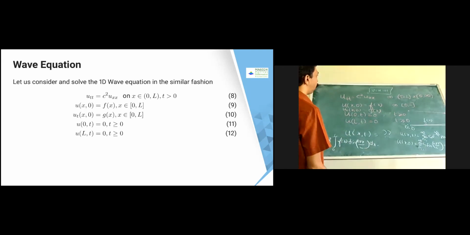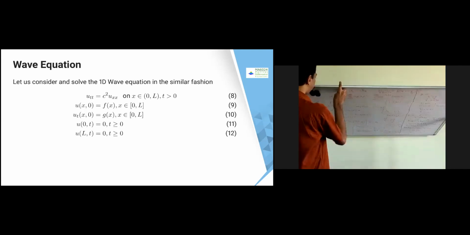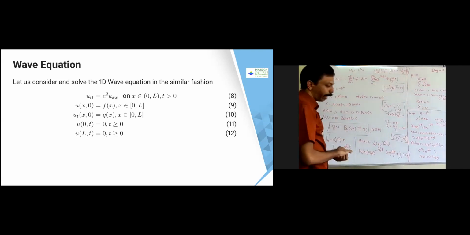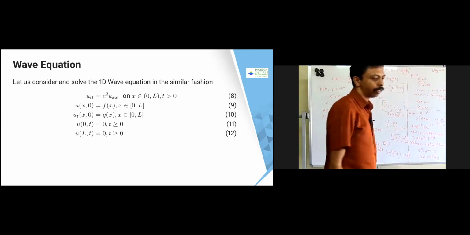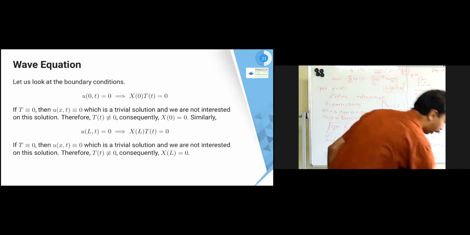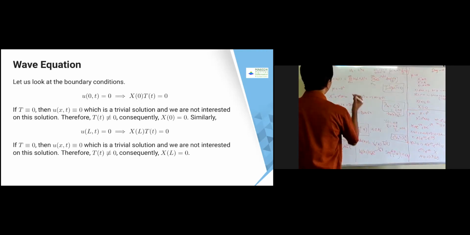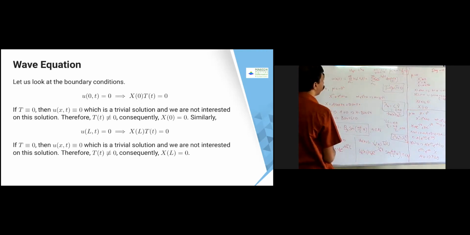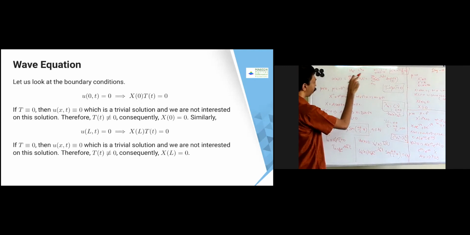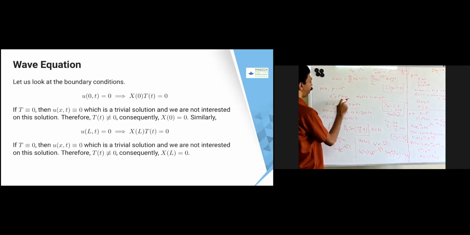Same way here, I am going to repeat the same thing. We are going to do utt equal to c square uxx. Then you will get two equations. One is the same kind of thing: X double dash plus mu square X equal to 0.